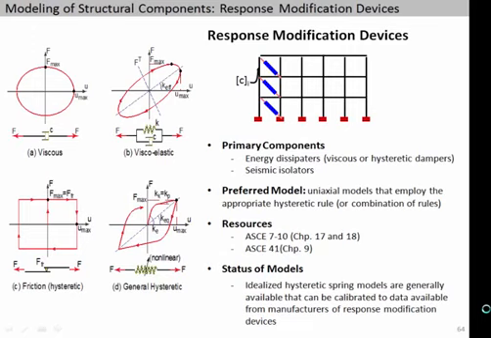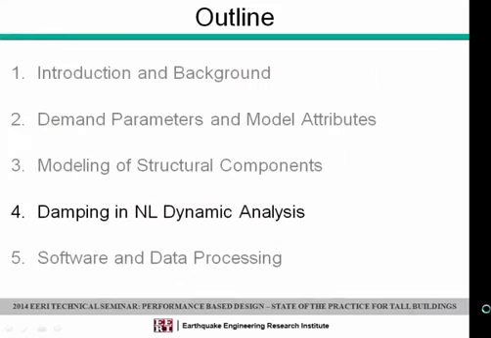You just build these into your model and get the explicit behavior out of the output. Unfortunately, the analysis models that are out there are starting to incorporate, for isolators and so forth, like in the CSI products, component elements to simulate those effects.